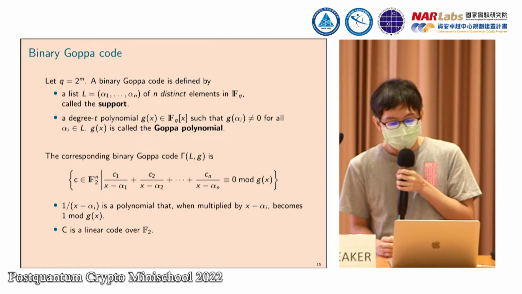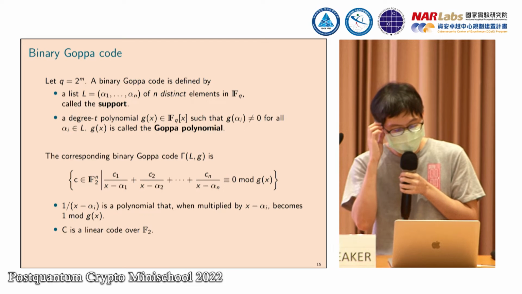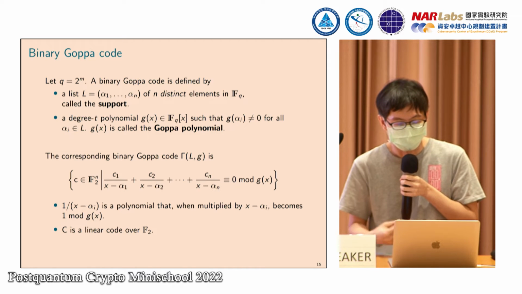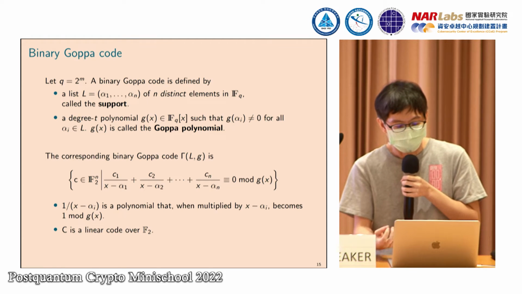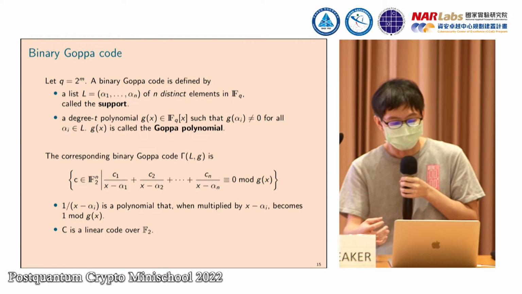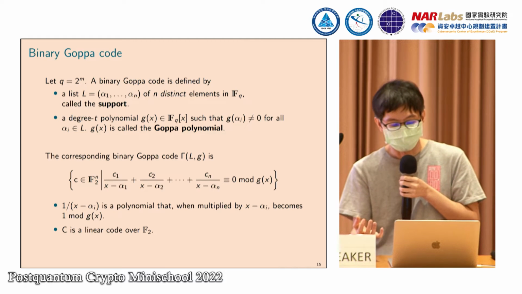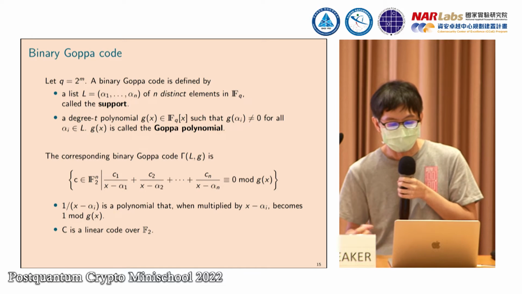Now, for some of you, maybe you are not so familiar with the notation here. I use 1 over x minus alpha i, which actually means the multiplicative inverse of x minus alpha i modulo g of x.